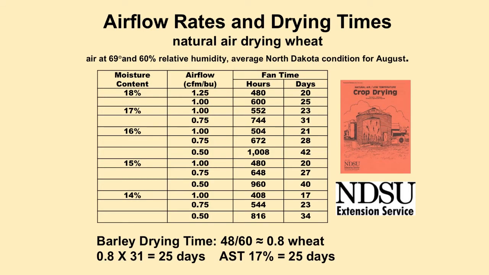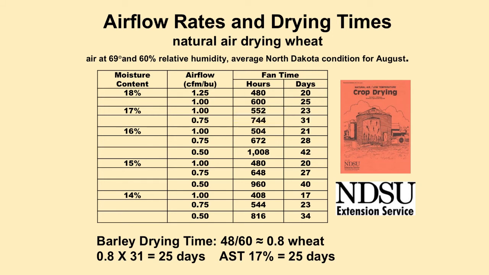Natural air drying times can be estimated from the wheat drying table in the NDSU publication EB35, Natural Air Low Temperature Crop Drying. Since barley weighs less than wheat, there is less water that needs to be removed. Wheat at 17% moisture can be dried using an airflow rate of 0.75 CFM per bushel in about 31 days.